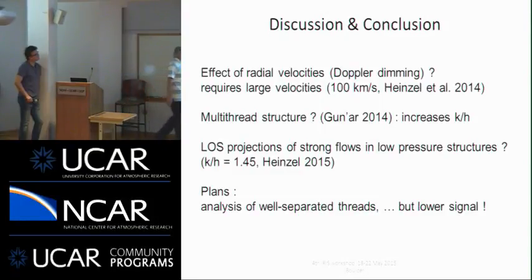Of course, the analysis of well-separated threads, again, perhaps in the frame of campaigns already led and so on. Our only concern is that as soon as you want to observe tiny threads, elementary threads, you get a low signal. That's life, and that's my conclusion. Thank you.